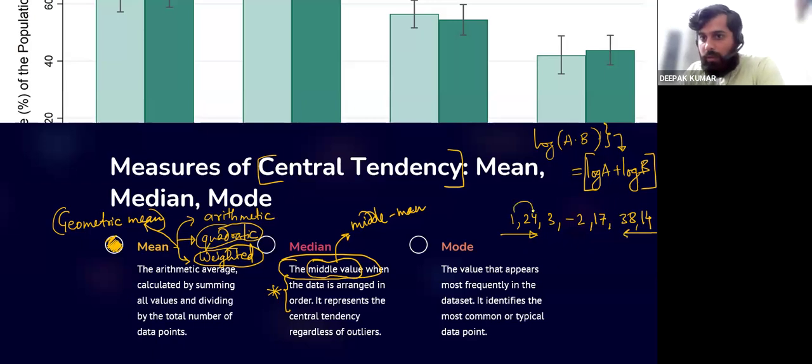So 1, 2, 3 from here and 3 from here, leaving the middle value. But does it justify the statement? Is it the median? Can median be found like this?